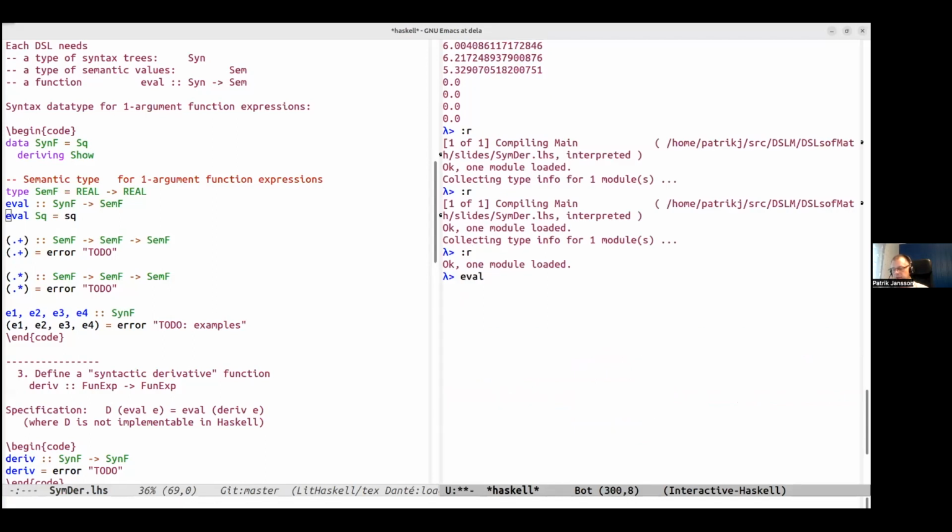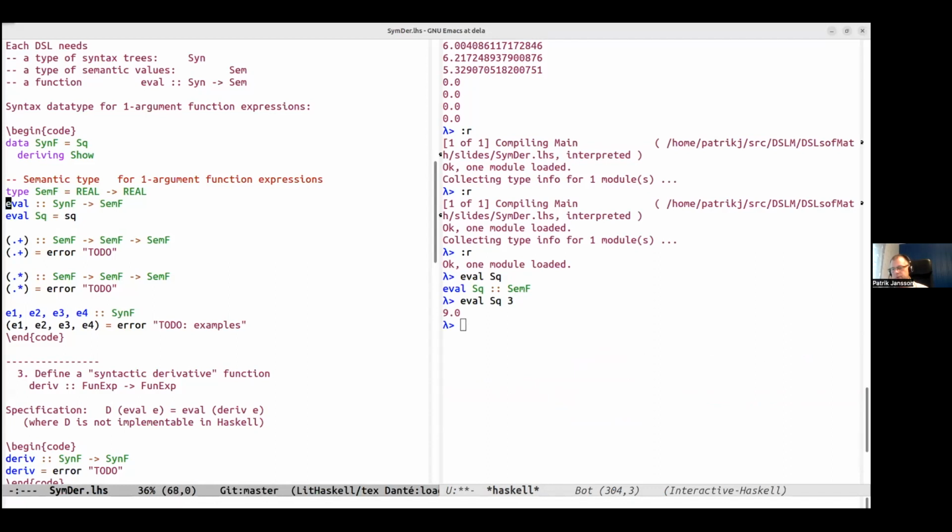The evaluator of squaring is a semantic function. What can I do with it? Well, I can apply it, for example, to 3. If I apply it to 3, I get 9. So here we can see that eval of SQ is a function that I can apply things to.